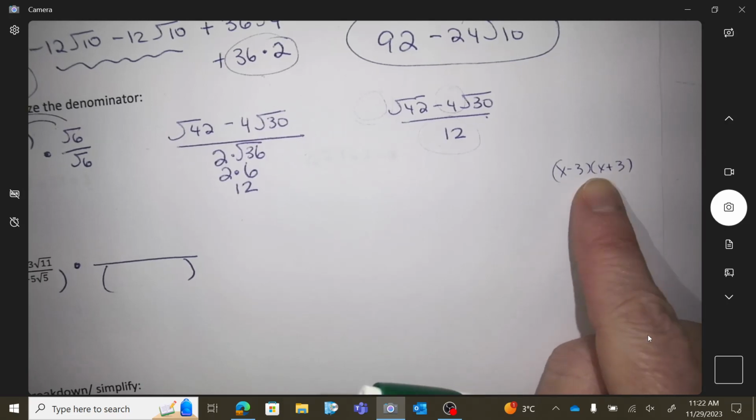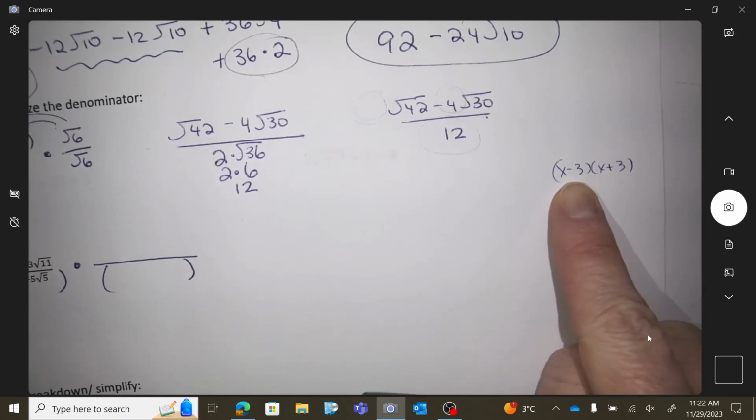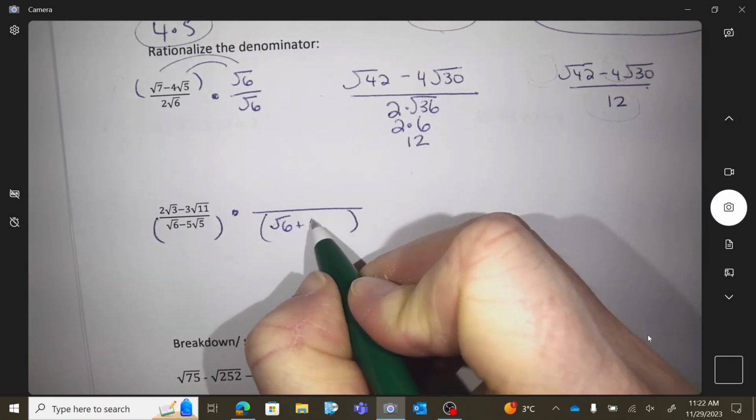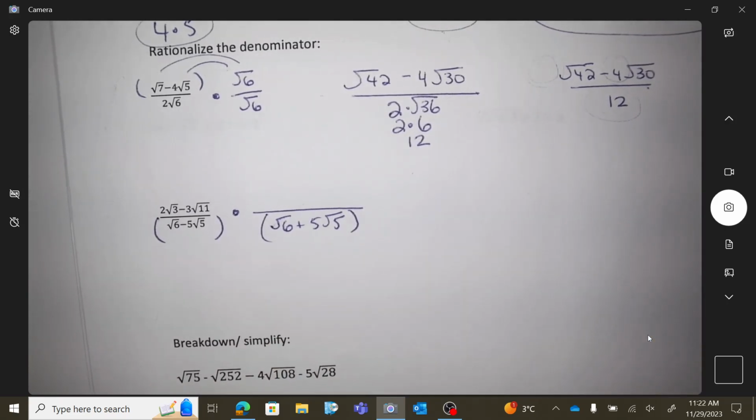It's the same idea. Those are conjugates of each other. So what does a conjugate mean? Write the exact same thing with the opposite sign in the middle. So this had a subtract, so that one has an add.